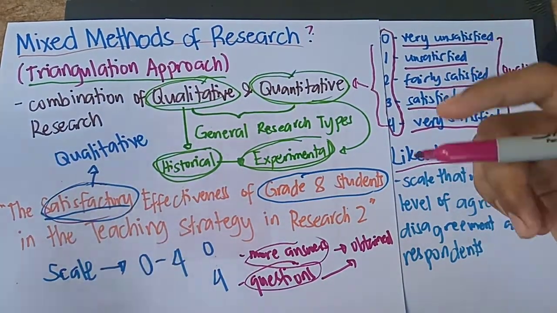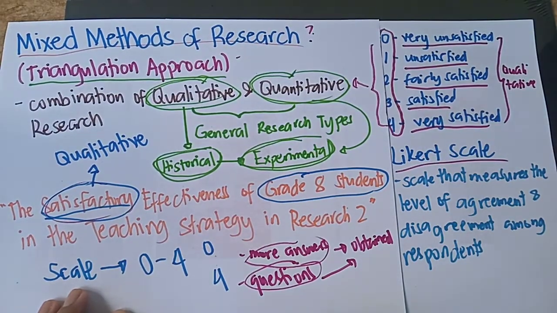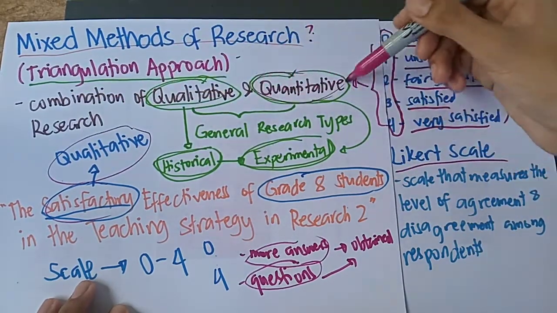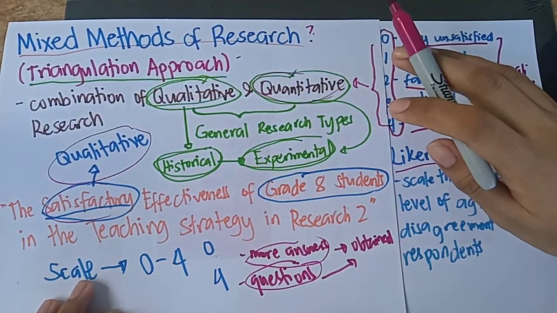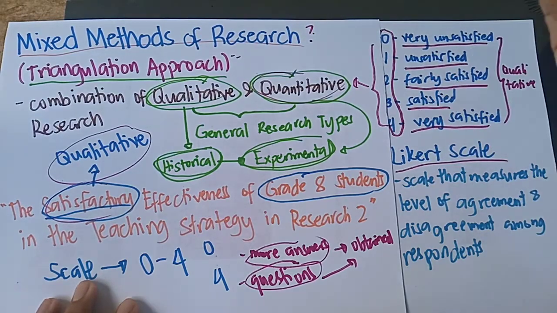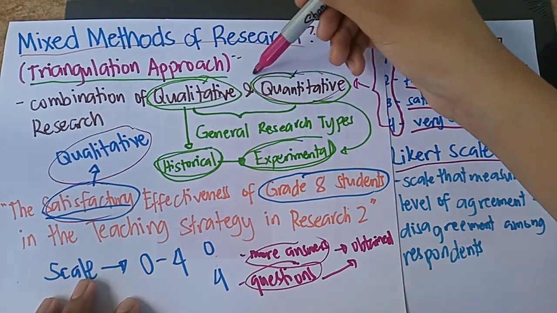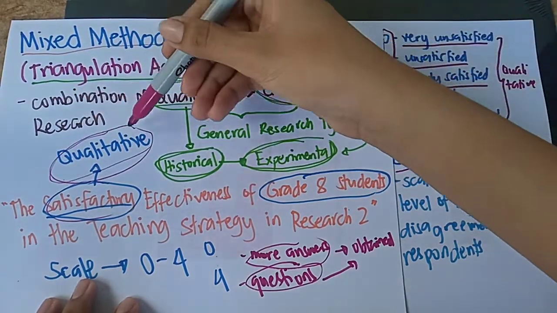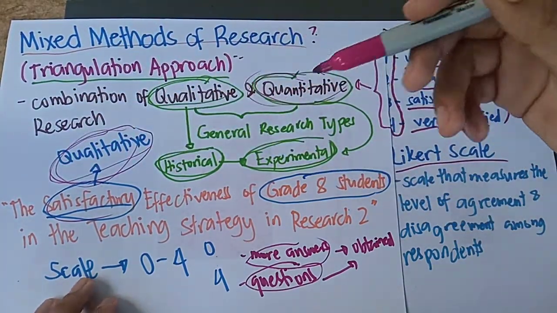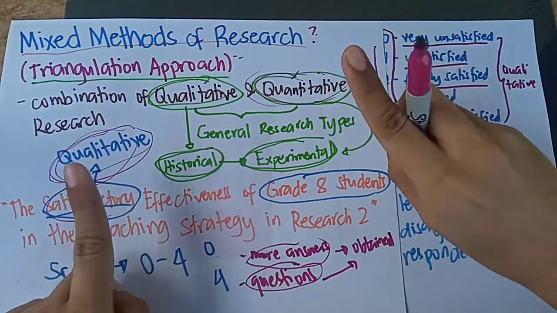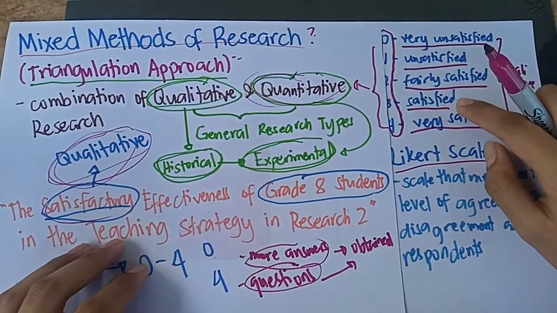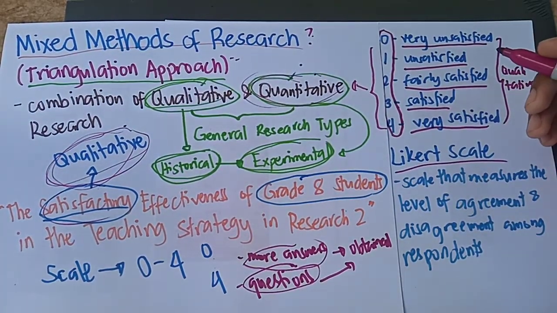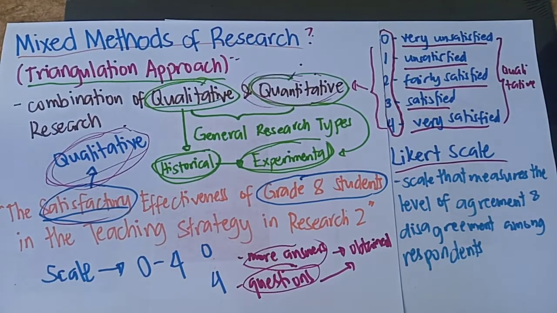So what do we mean by that? Using the triangulation approach, we can overcome the weaknesses of qualitative and quantitative researches. You can overcome the weakness of quantitative research by using qualitative, and you can overcome the weakness of qualitative by using quantitative. Meaning to say, there is a mutualism effect between the two. Okay? With the help of each other.